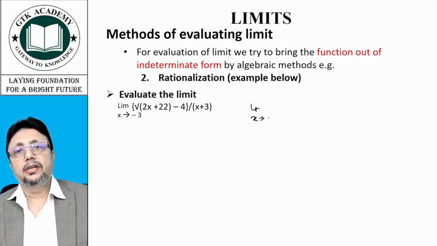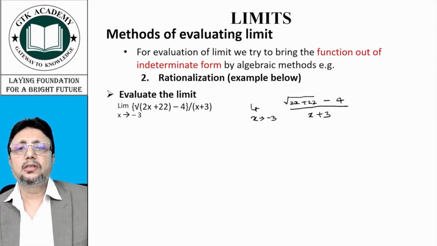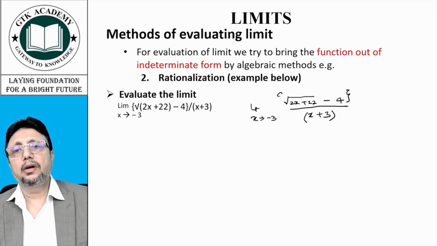Limit x tending to minus 3, under root 2x plus 22 minus 4 upon x plus 3. Now here it's not possible to factorize. The denominator you can't factorize because it is already x plus 3. In the numerator there is an under root, so you can't do it there either. So what do we do here?